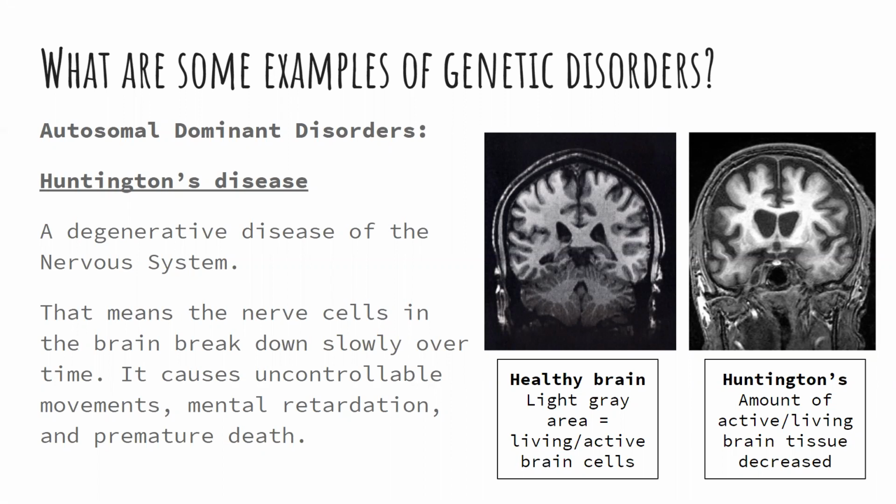Huntington's disease is an autosomal dominant disorder. So look at this, a healthy brain, look at how much light gray area we have. That means that's active, living brain cells, nerve cells that are sending impulses and signals. But look over here, in Huntington's, the brain tissue is significantly decreased.